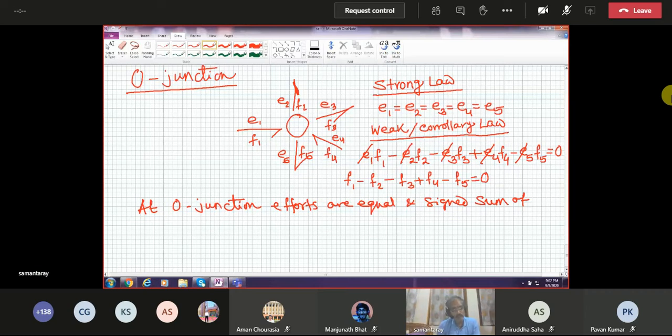This implies a very important thing: the sum of flows means it can do kinematics.